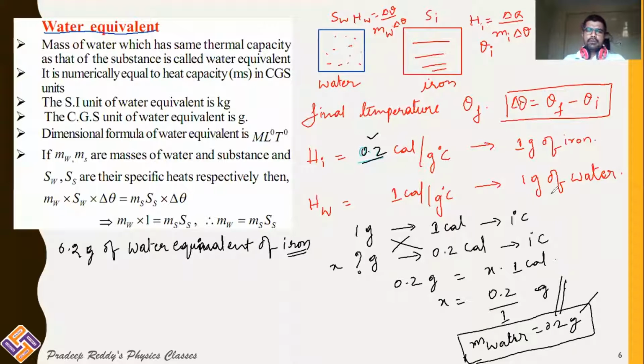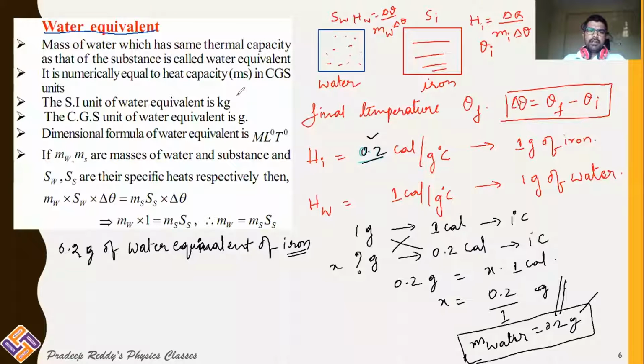Then the water equivalent you get is 0.8 gram for wood. So like that, based on its specific heat, you can calculate the water equivalent of that particular material depending on how much heat energy is required to raise the temperature by 1 degree Celsius.